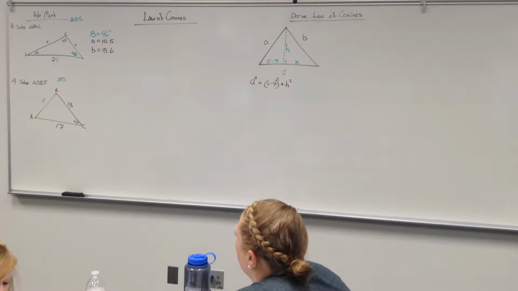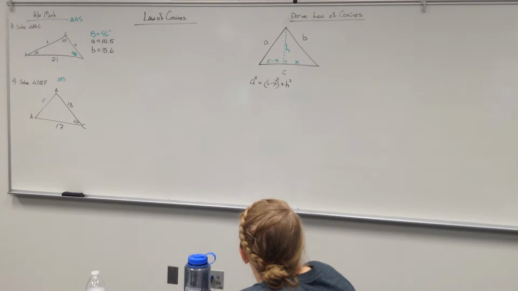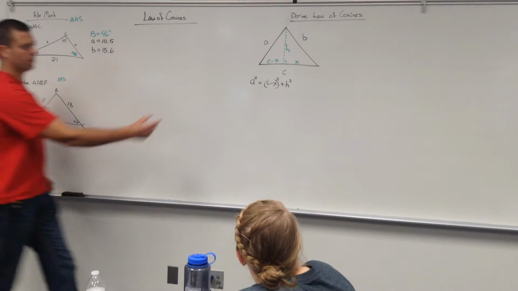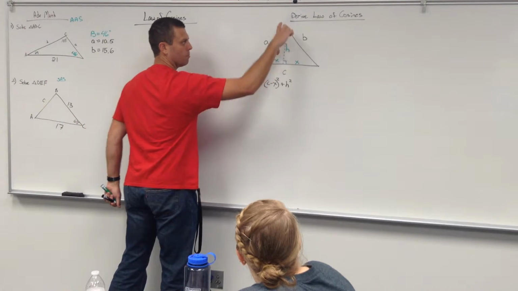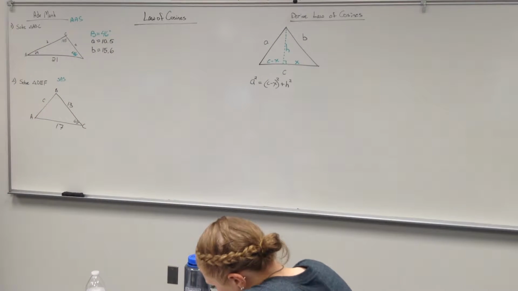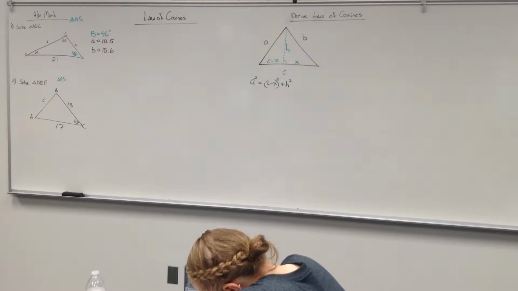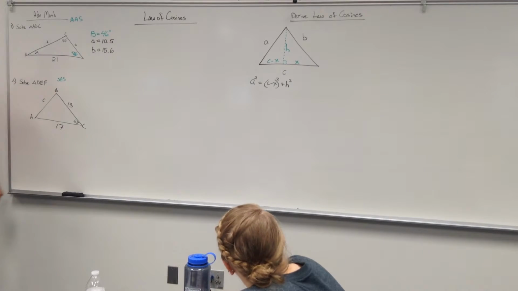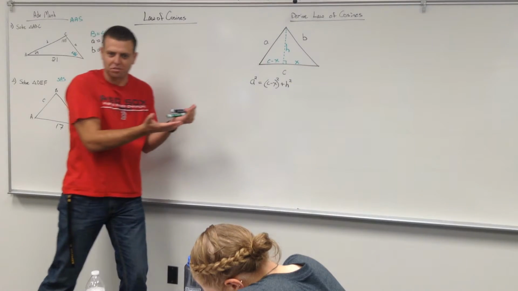Pythagorean theorem on which triangle? The one on the left up there, didn't I? C minus X squared plus H squared equals A squared. Everybody sees that? Now that I told you how I got that, you see it, right?